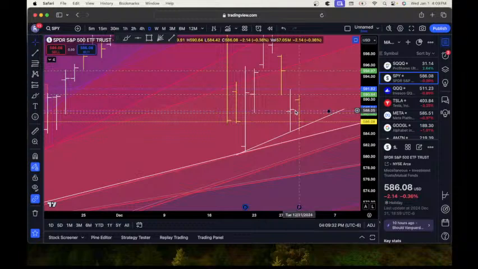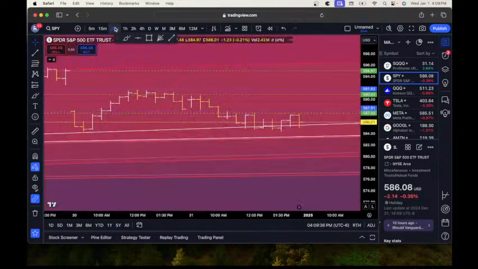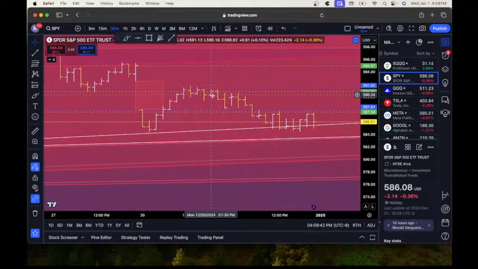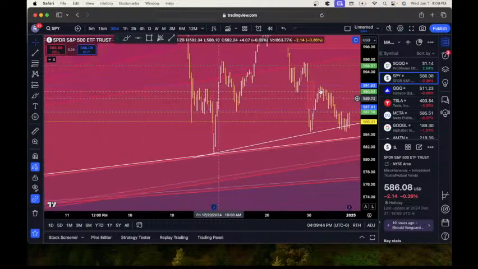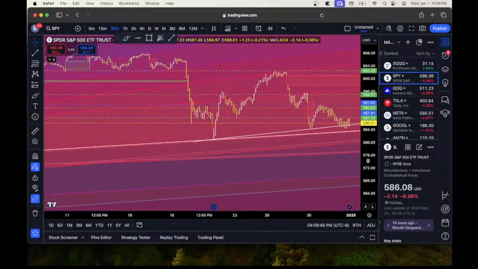So the next thing I have written down is check my 30-minute levels. The 30-minute chart has been my go-to lately. The reason is it doesn't show too much, it shows just enough data to get what's going on.